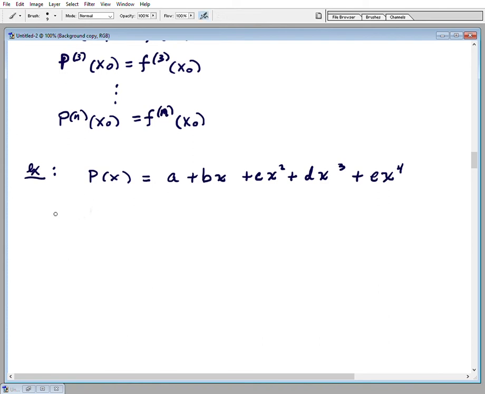We want to find p of 0, the first derivative at 0, the second derivative at 0, third, and fourth.